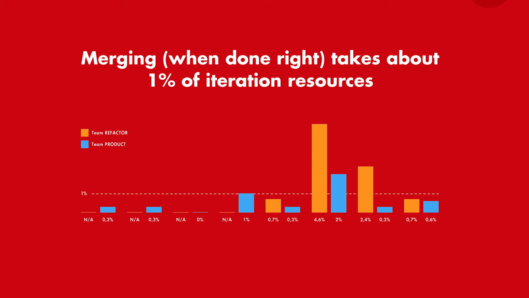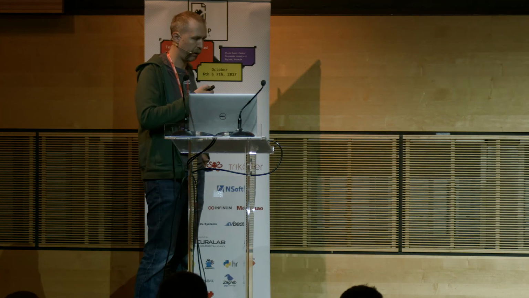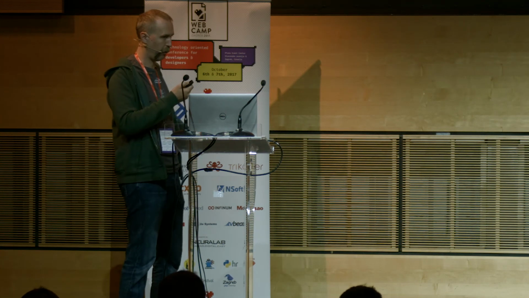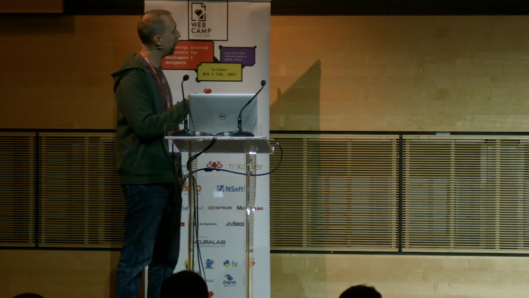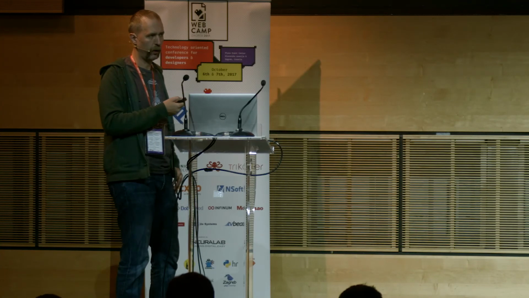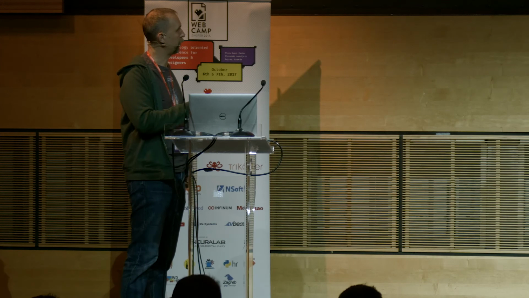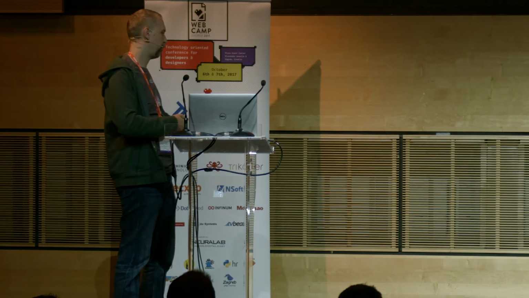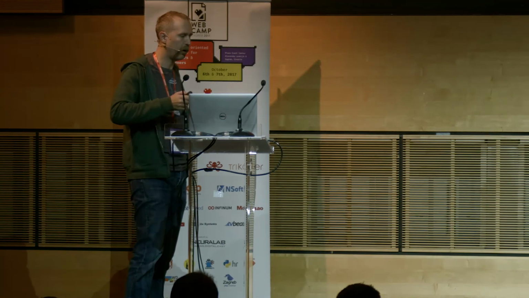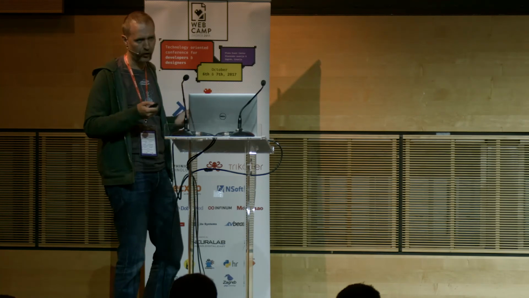When done right, it takes less than 1% of iteration resources. What we did here was, well, the yellow team did a change in which they changed a lot of files because they were changing the translation system.